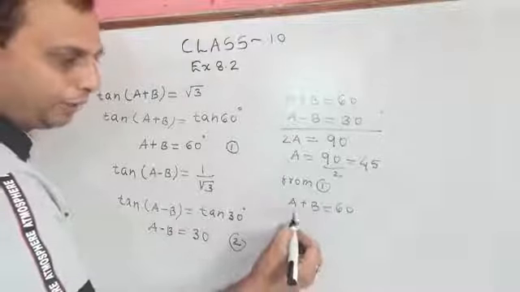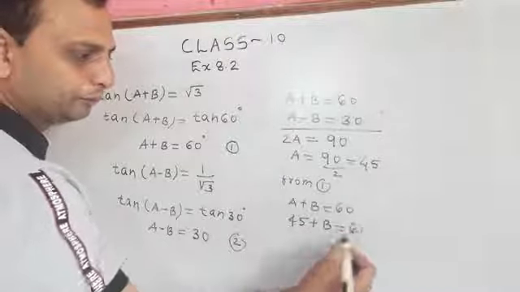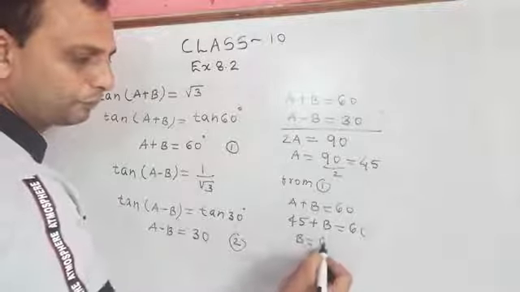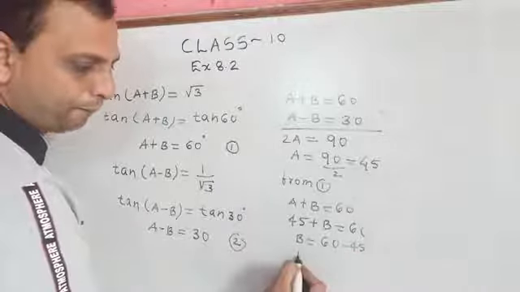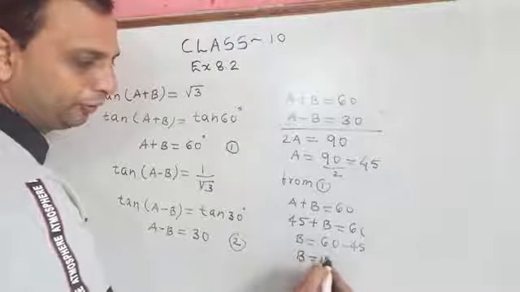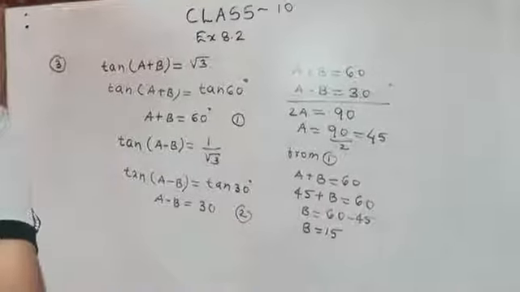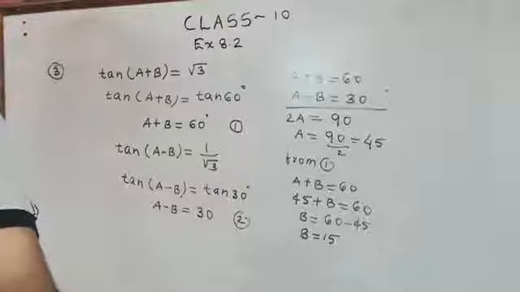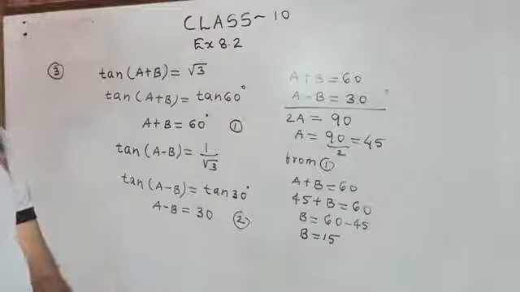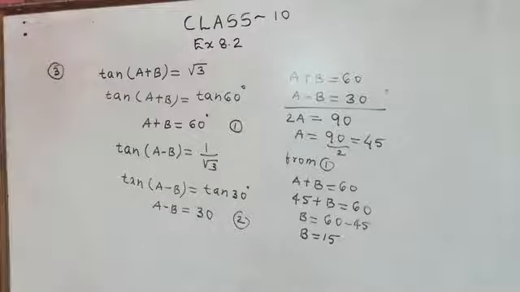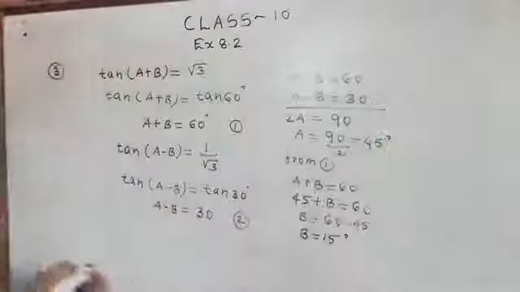So a is 45, and b will be 60 minus 45. B is equal to 15 degree. So 15 degree is the answer for b, and 45 degree is the answer for a.